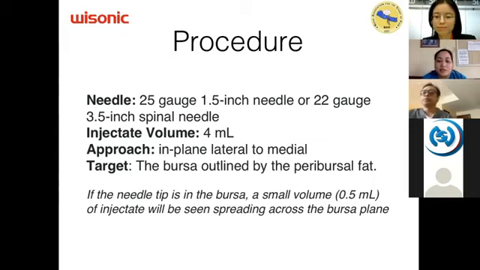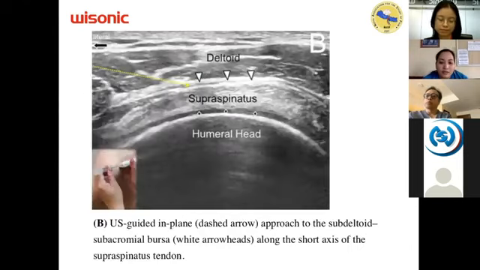I target the bursa outlined by the peribursal fat. If you put your needle tip correctly inside the bursa, even a small volume of 0.5 ml can be seen on your ultrasound screen spreading across the bursal plane. That's the ultrasound guided in-plane approach to the subdeltoid subacromial bursa, coming from the lateral to medial side.